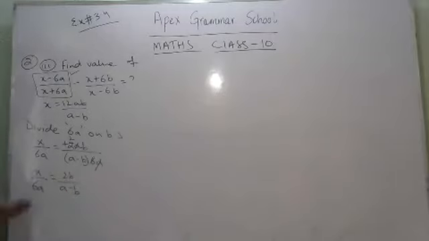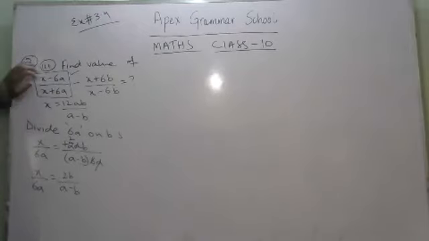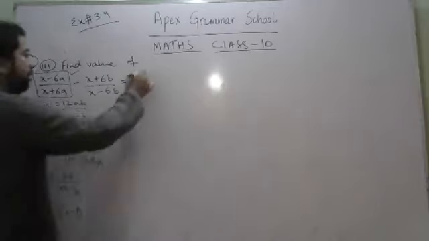Now you are left with this. Now you need to apply the componendo and dividendo theorem. But according to this requirement, the negative operation will be on the numerator and the positive operation on the denominator. So apply componendo and dividendo.